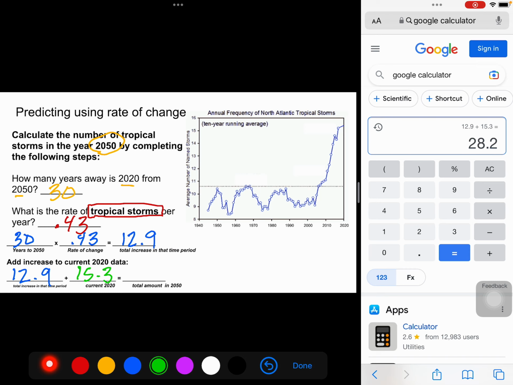That means in 2050, we can expect approximately 28.2 tropical storms in that year, if we continue to increase at this rate of about 0.43 tropical storms more a year. This will be the increase in the next 30 years, in addition to where we're at now, so the total amount will be 28.2.